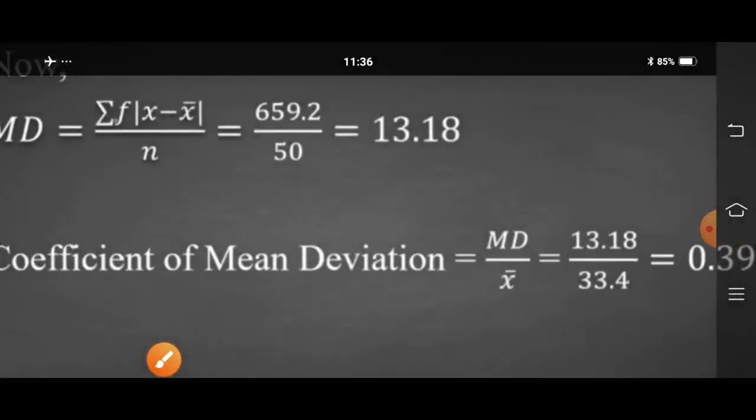Put into the formula of mean deviation, sigma f absolute value of x minus x bar divided by n, equals 659.2 divided by 50, equals 13.18. Then find the coefficient of mean deviation: mean deviation divided by mean, 13.18 divided by 33.4 equals 0.39.